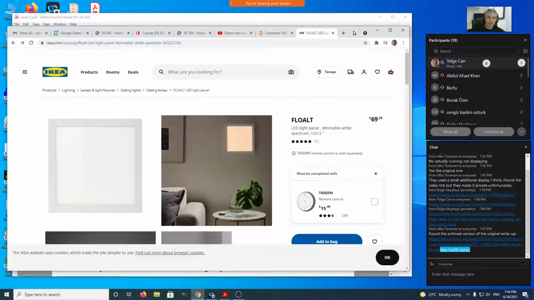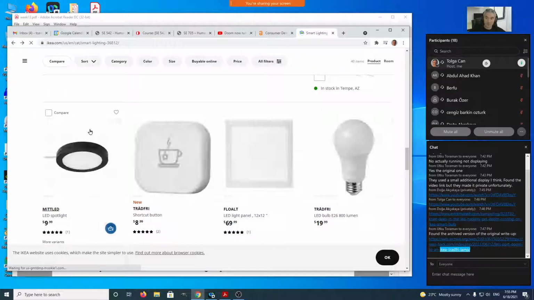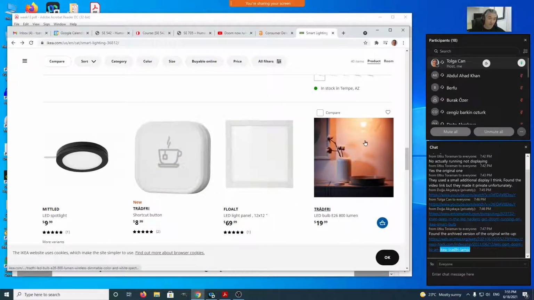All right, but as I said, there may be smart speakers, smart lights, whatever you think about that provides an output and connects to your home. When I talk about these smart lights, the first thing you have to do is pair it with your home wireless or with your smartphone. After you pair it with your smartphone, you can control it from your phone.